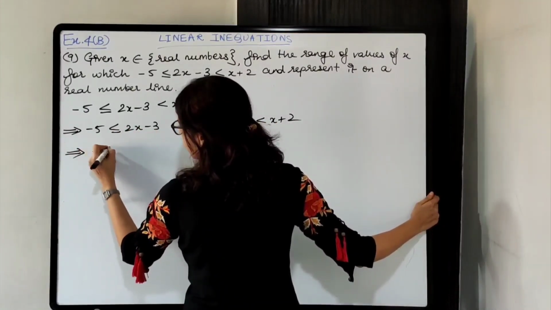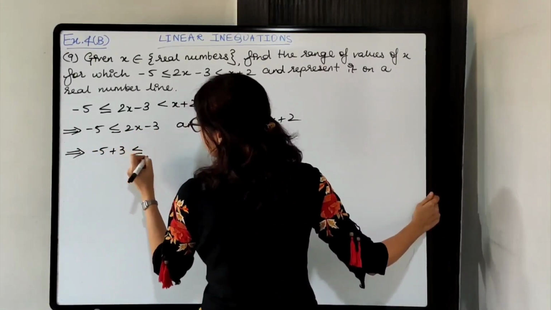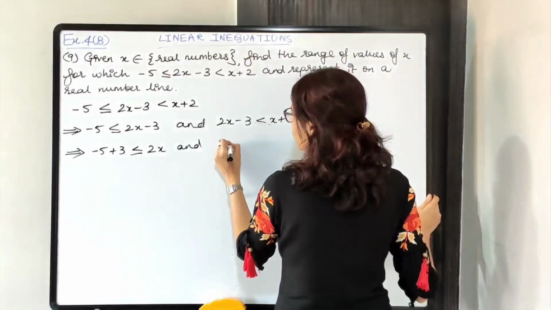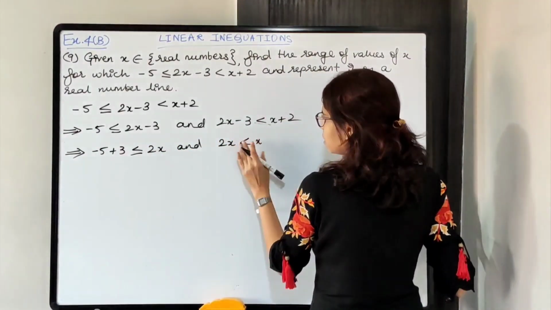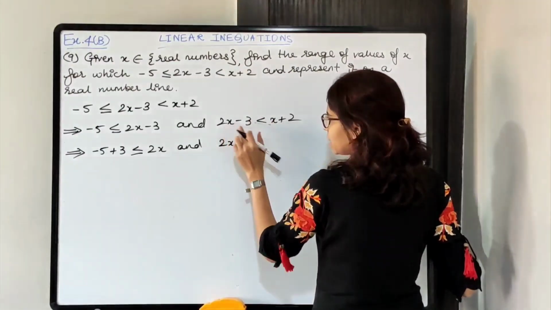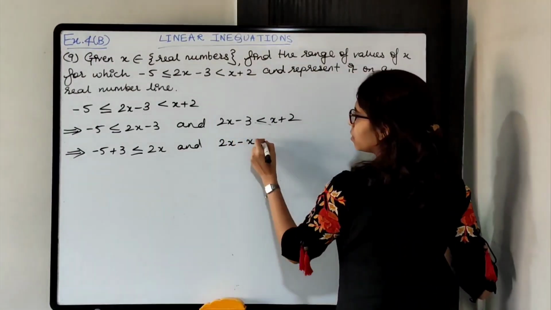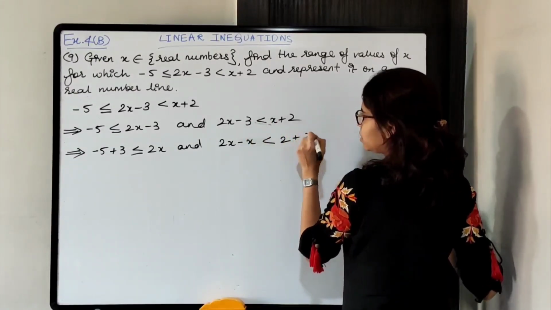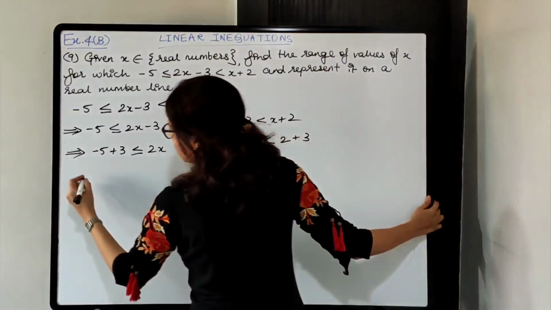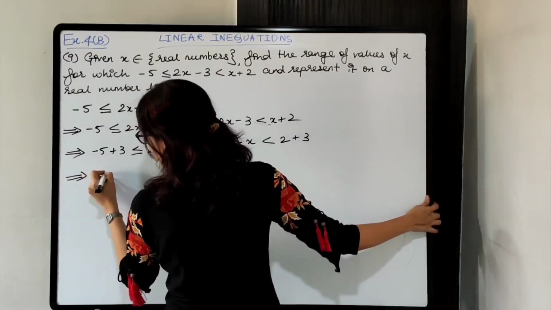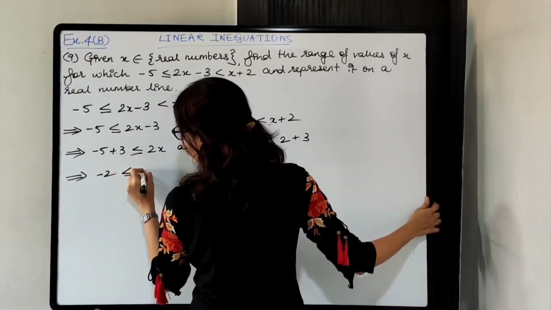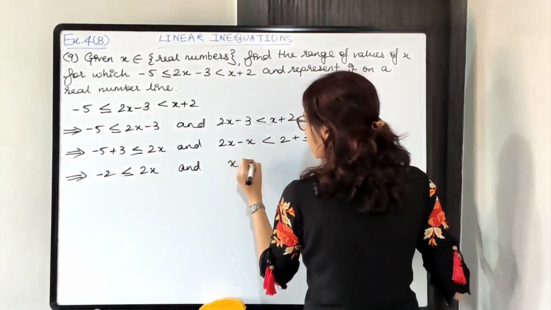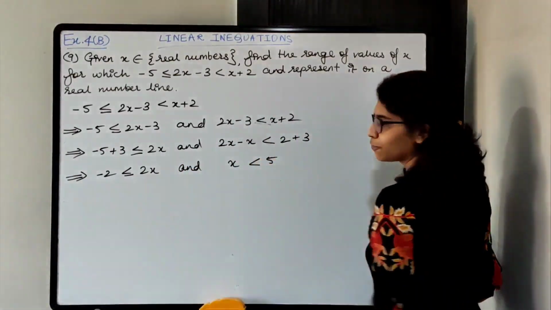So -5 as it is, 3 positive हो जाएगा, less than or equal to 2x, and 2x is less than, we'll shift x on the other side, x we'll group together, is less than 2 as it is, 3 को यहाँ पे shift करेंगे, so plus 3. So -2 हो जाएगा, is less than or equal to 2x, and here we'll get x is less than 5.